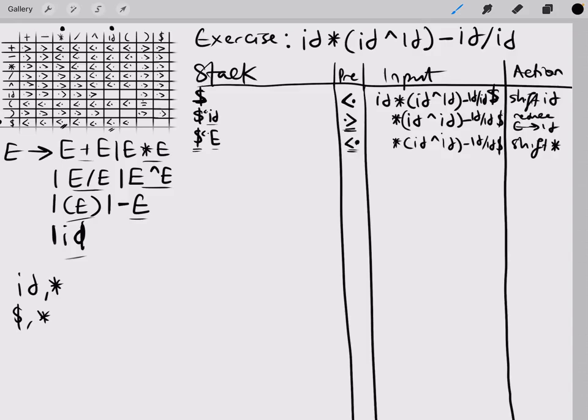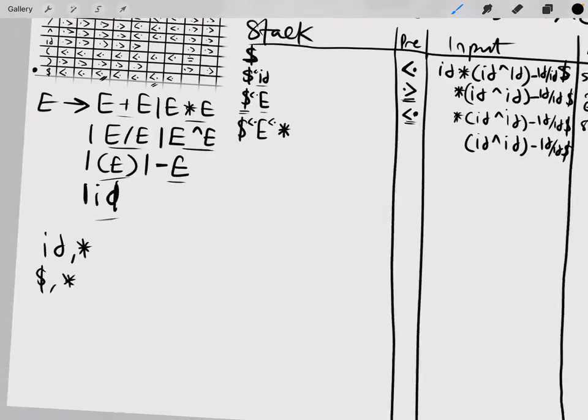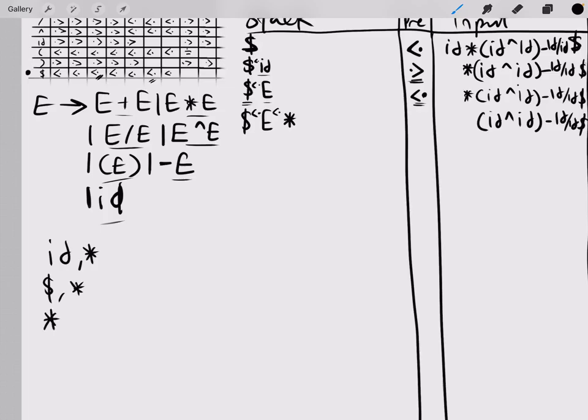Because we are shifting star, we will then have E, then star. Now we have star, and then what's on the input buffer? We have these. Okay, so we have star, and then we have the open bracket.